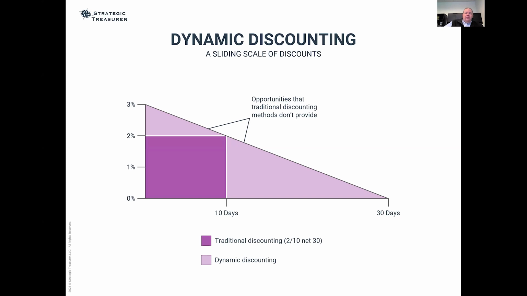So if someone gets approval and wants to pay earlier, say it's day 14, they pay on day 14, and so it's less than 2%, but it's not zero. So it's roughly the equivalent or close to the equivalent yield by paying earlier on that. So dynamic discounting offers a complete flow. So hopefully that's clear. It's a great way of doing things.